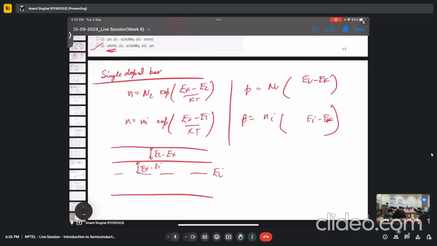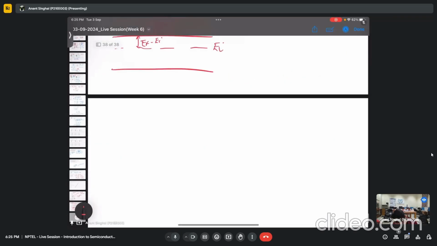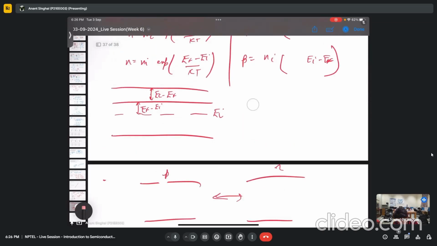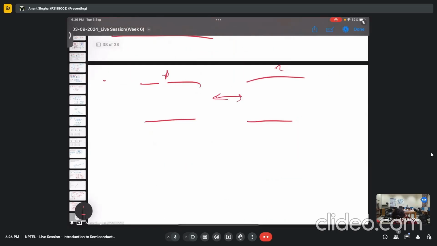And then how we went from the single to the contacts. We joined this P type and N type together, and we saw that there is a difference in the band diagrams, how these are made, and what is the barrier that we are getting, which we termed as VBI. Then we even went to isotype junctions like N plus N, let's say this is 16, this is 15.